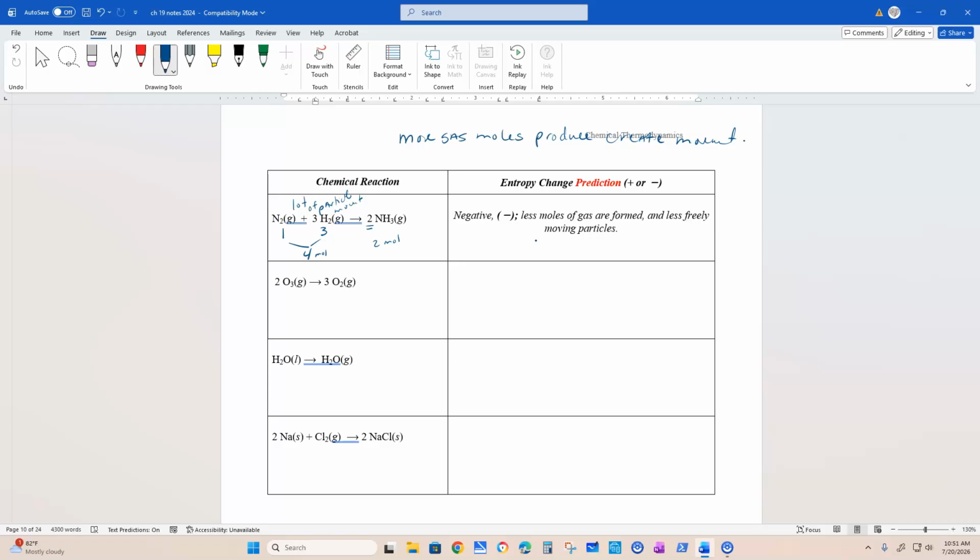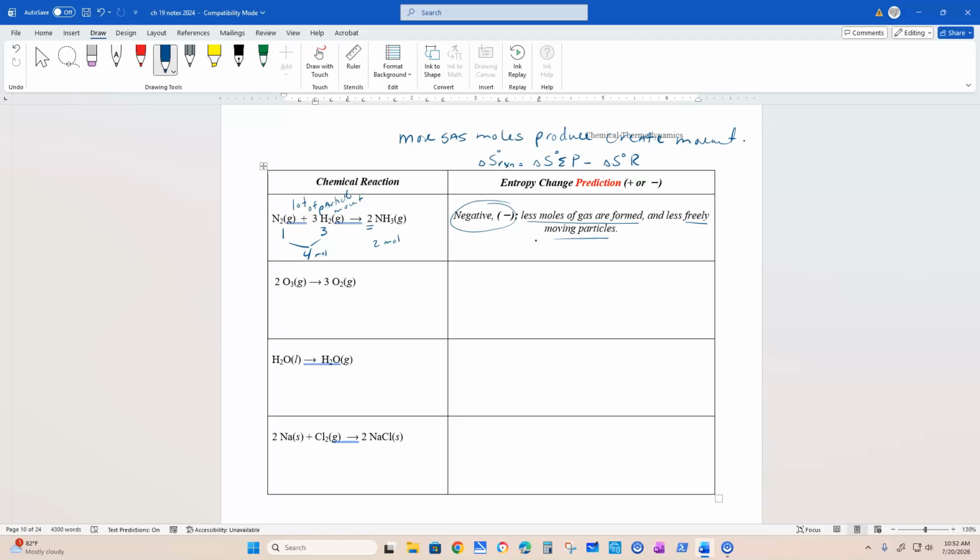So I'm predicting when I do my delta S reaction, delta S with my little degree sign too, products minus reactants, my products I have 2 moles versus 4. I'm going to be assuming it's going to be negative. And the reason why is because I have fewer moles of gas that have formed, and now I have fewer particles that can move about in that space.